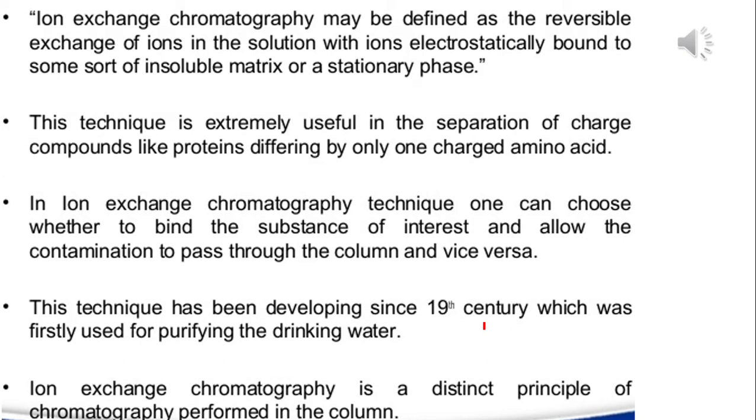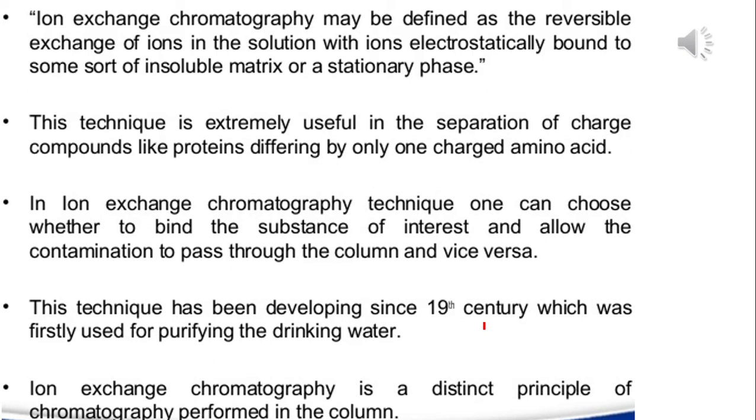Ion exchange chromatography uses the phenomenon of attraction between oppositely charged particles, and it is used for the separation and elution of charged particles. Here, the mobile phase is of course a liquid, and the stationary phase consists of ion exchange resin, solid substances coated to the inner side of the column.